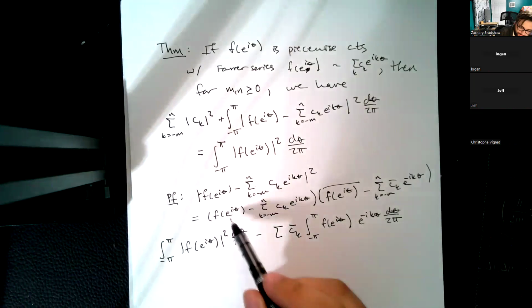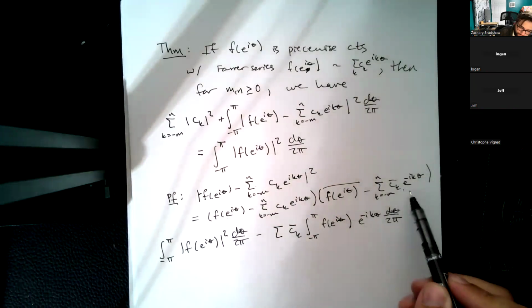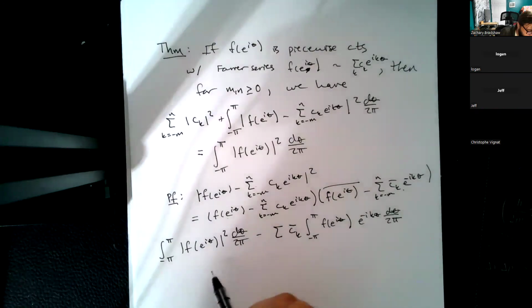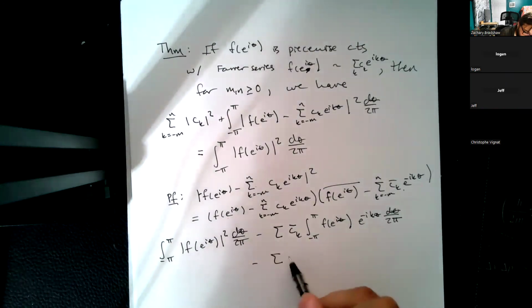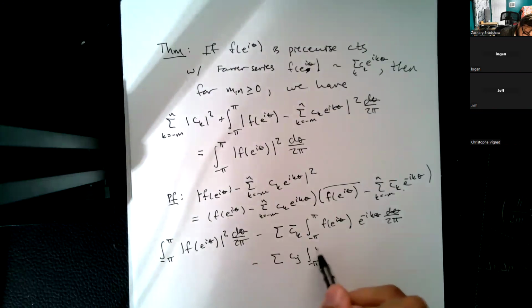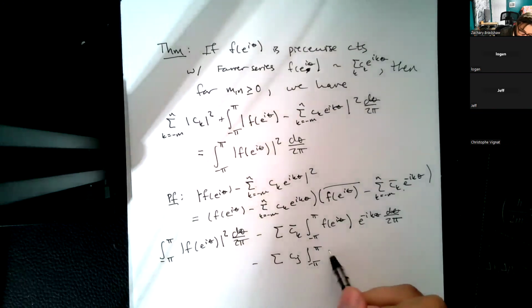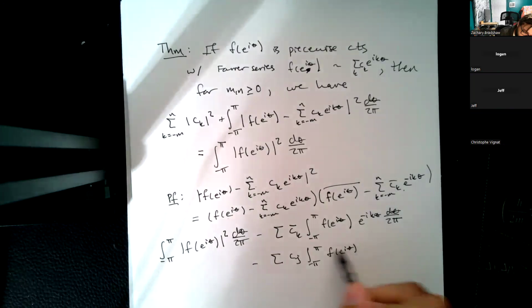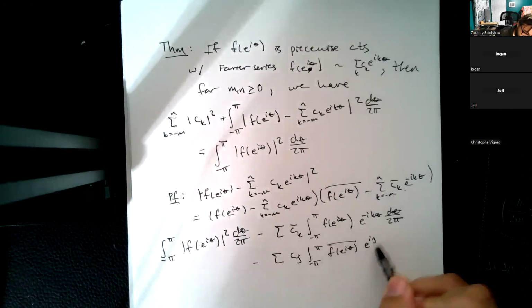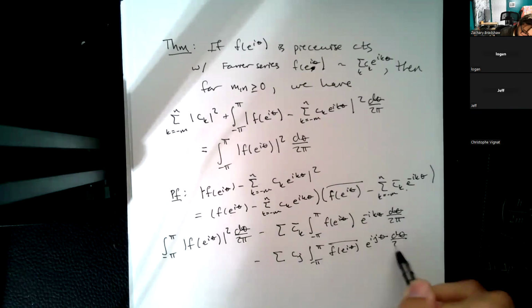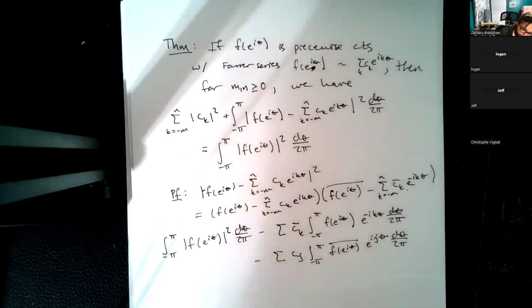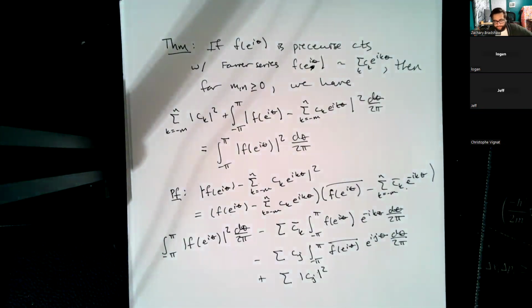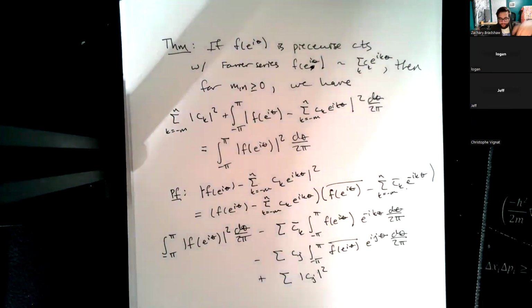Over 2 pi, so that's this term times this term being integrated. And then we have the additional term, sum over c_j, integral from minus pi to pi, f of e to the i theta complex conjugate, e to the i j theta, d theta over 2 pi. It's this term times that term. And then we also have the partial sums of the moduli squared of the Fourier coefficients.